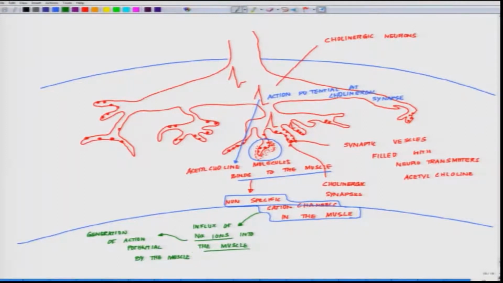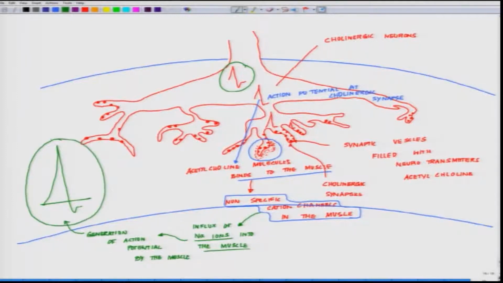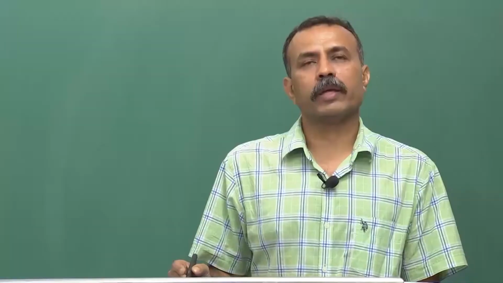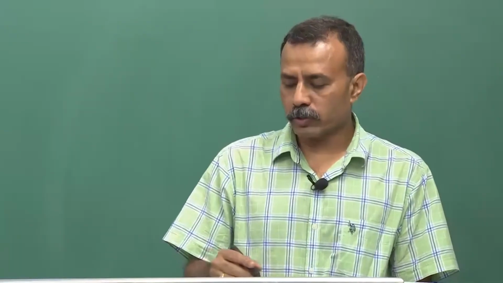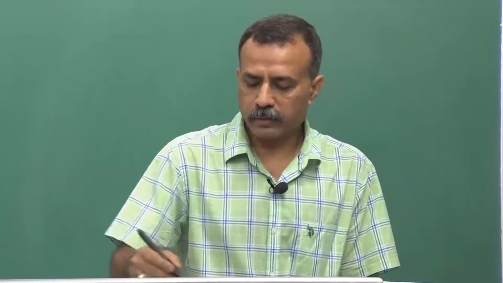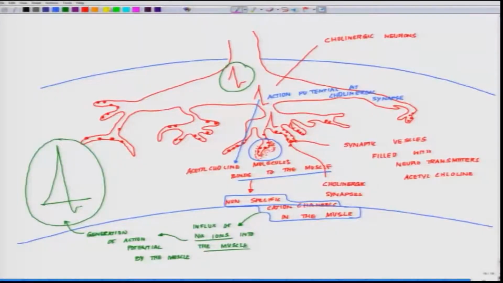In that process, the muscle generates its own single action potential. So, there is an action potential which is coming from the neuron, and there is an action potential which is generated by the muscle, and there is a role to how that action potential is transmitted. What you see is a wave pulse on the muscle, an electrical activity which is spreading out.